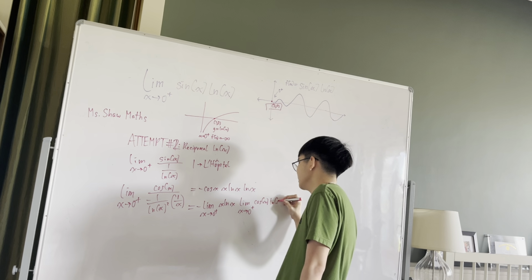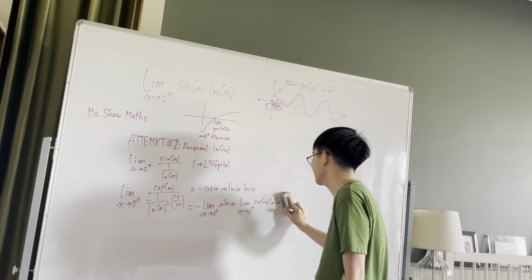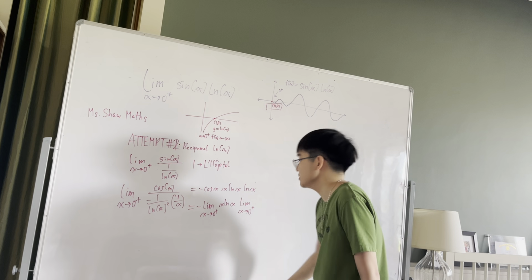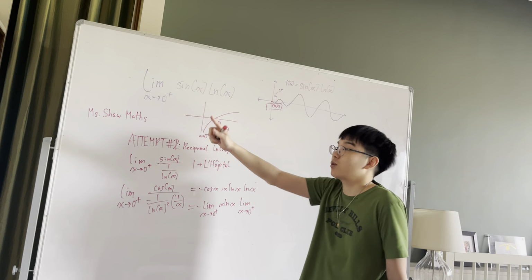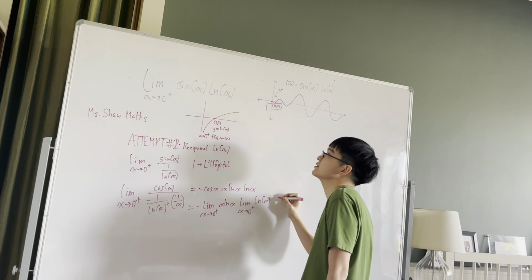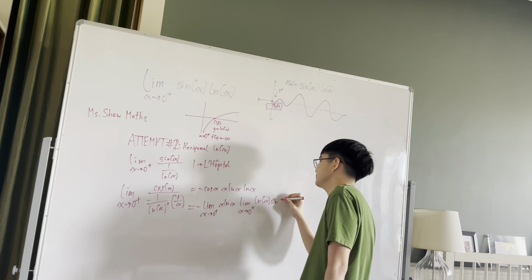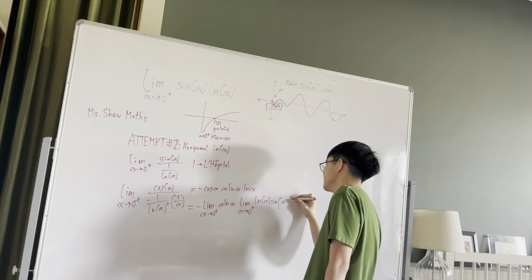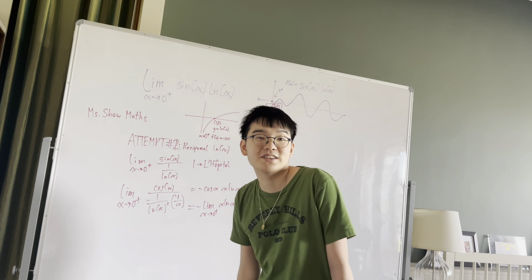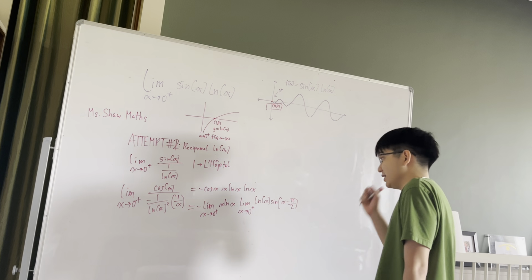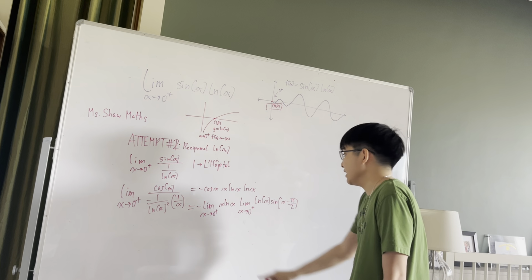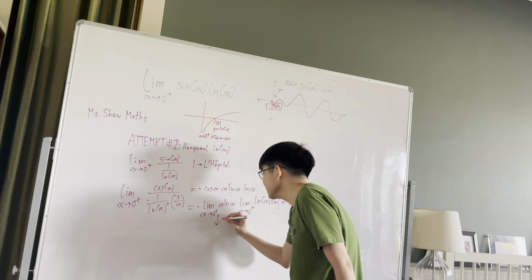In fact, you can almost understand that cosine of x is really sine of x just horizontally translated by pi over 2 units to the right. So then this becomes ln of x times sine of x minus pi over 2. Yeah, or pi over 2 minus x. I hope I got the order correct. But that thing is L'Hopitalable.